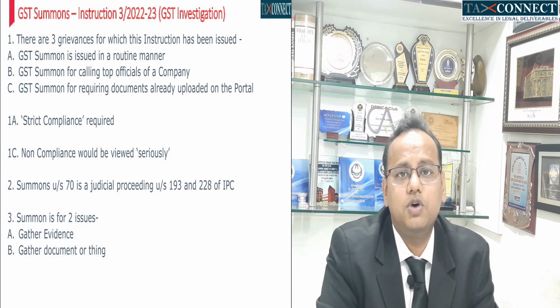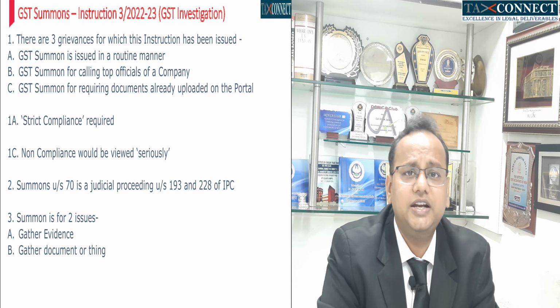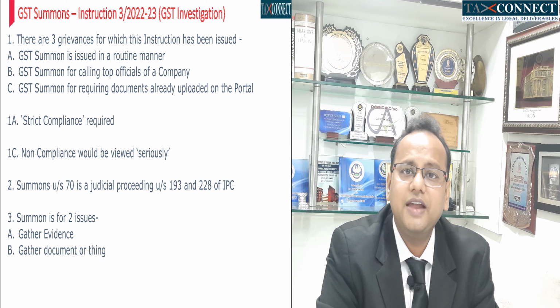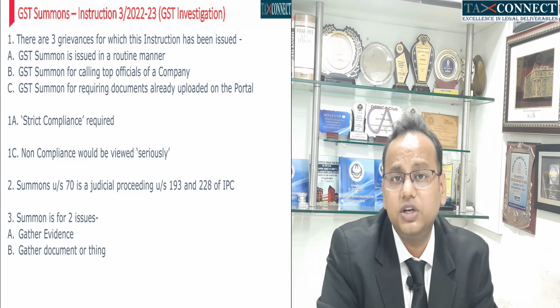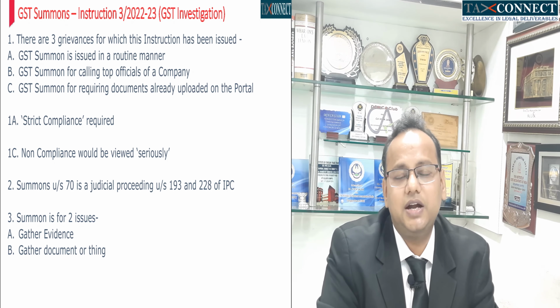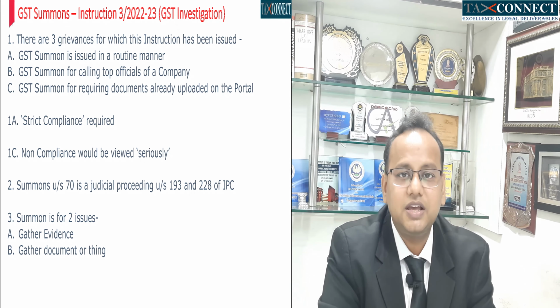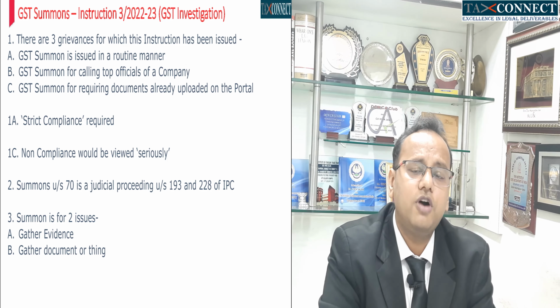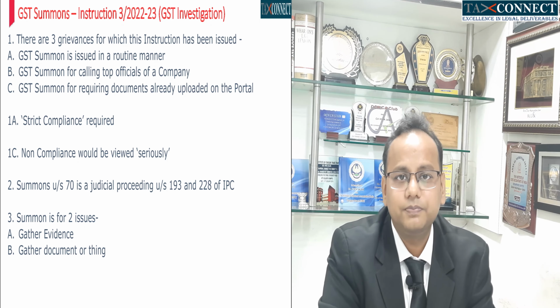And the third issue was, as we have already discussed, where information or documents can be gathered by mere notices or letters under GST. Well, summons under section 70 of the CGST Act is issued for 2 purposes.